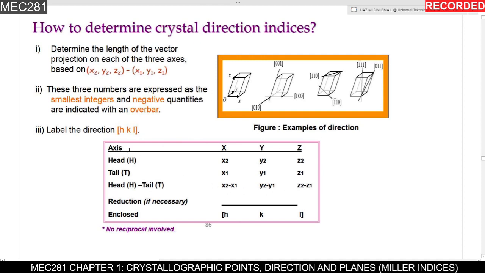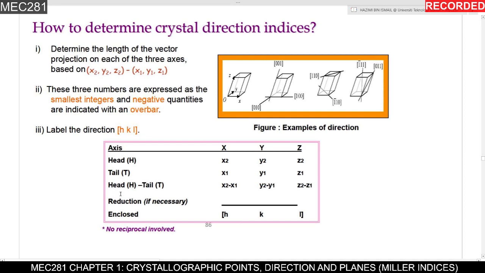Okay, first, head is the final point, tail is the first initial point, and you have to do head minus tail. So outcome minus input, output minus input, and then you will get the value here.